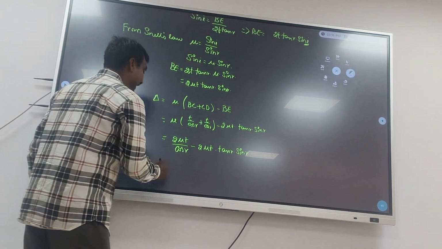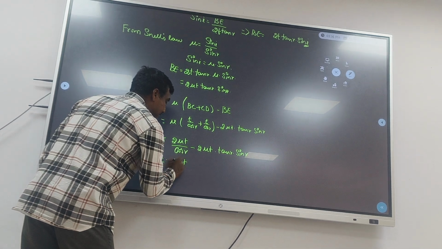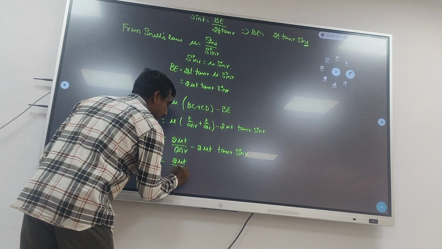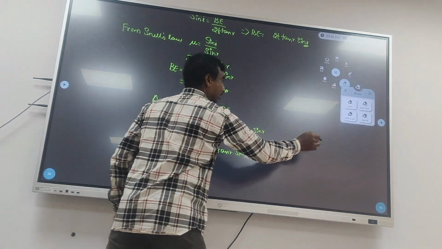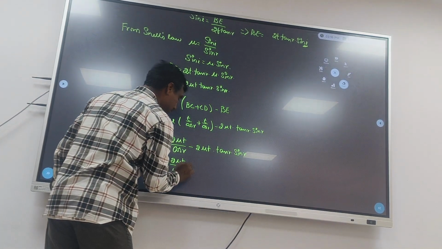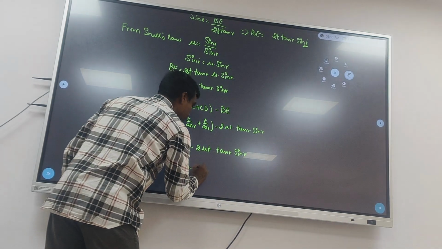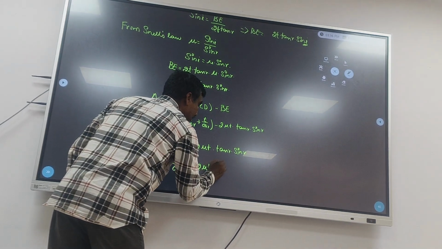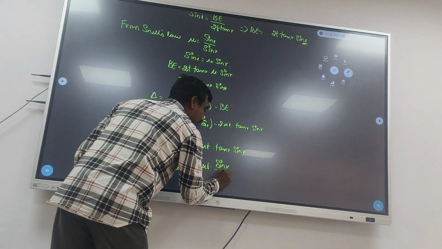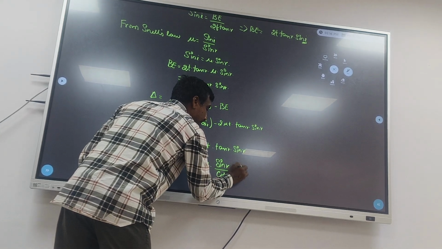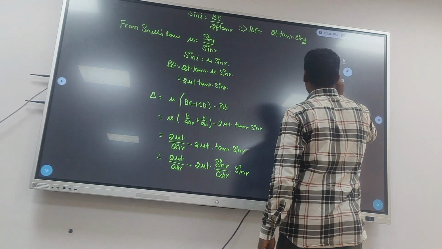So now I am writing this expression as 2 mu t by cos r minus 2 mu t into sin r by cos r into sin r. Can I write it? Yes, I can.